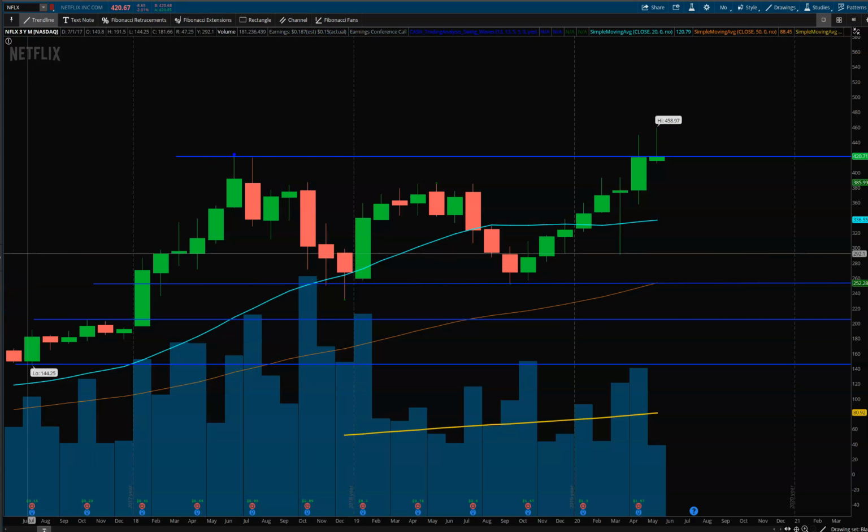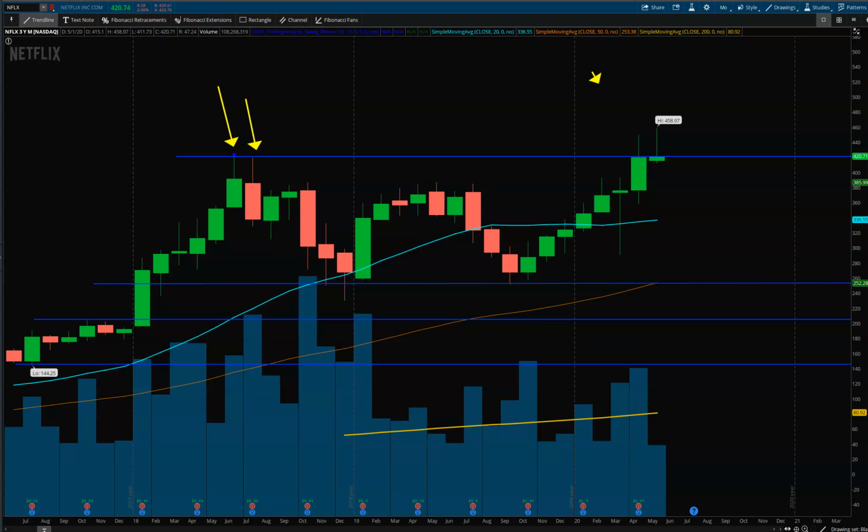What we see today are a few support and resistance lines. We'll change the color of the graphic just to make it highlight a little easier. We can see here that Netflix, at roughly the $420 amount, has seen a pretty significant amount of resistance that, even in this current week, is beginning to come into play as an area of focus and as an area of price as a magnet.